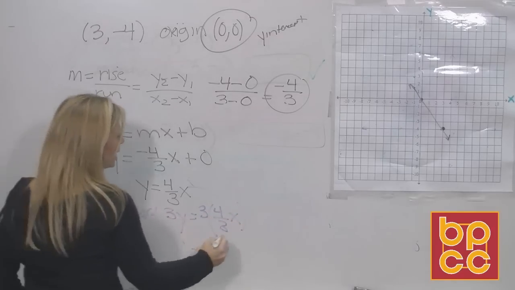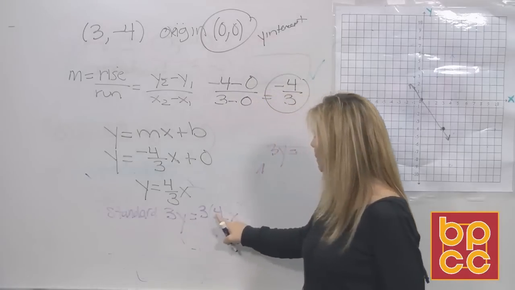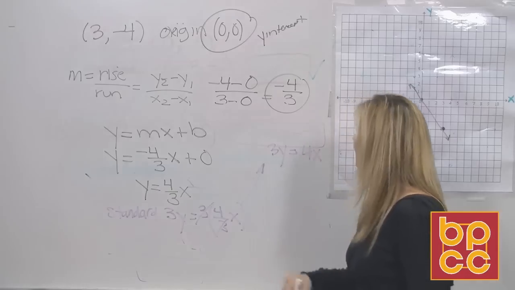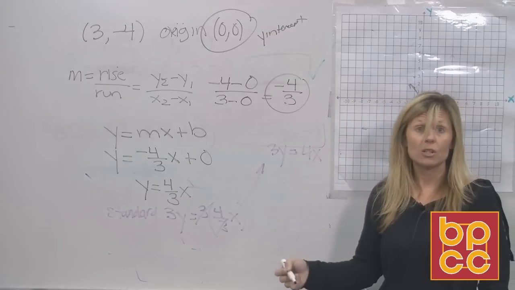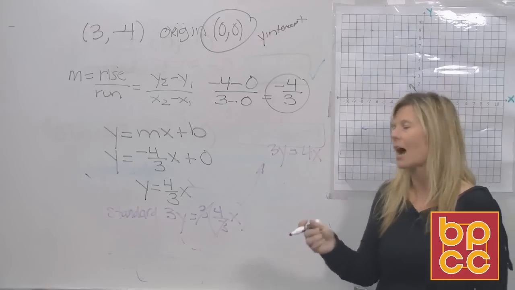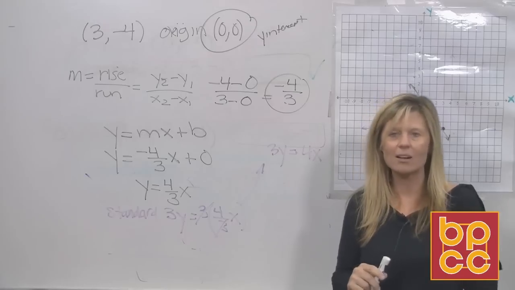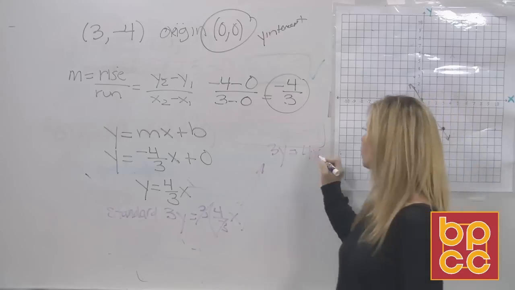So I'm going to multiply the left side by 3, and I'm going to multiply the right side by 3. 3 times y is 3y. 3 times 4/3, well, the 3's are going to cancel and leave you with 4x. Now that the fractions are gone, to put it in standard form, all you got to do is get the variables on the same side. I don't care if you move the x to the left and make it a -4x, or if you move the 3y to the right and make it positive. I'm going to move the 3y to the right.